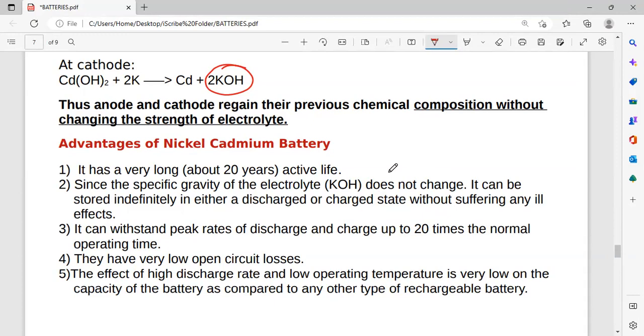What are the advantages? Let us see. Number one, it has a very long active life. That means when it is connected to circuits and working for you, it works for 20 years without any problems generally. Lead acid batteries in comparison, at one time they used to last 5 to 8 years, but today, whether you like it or not, within 2 or 3 years those batteries have to be changed.